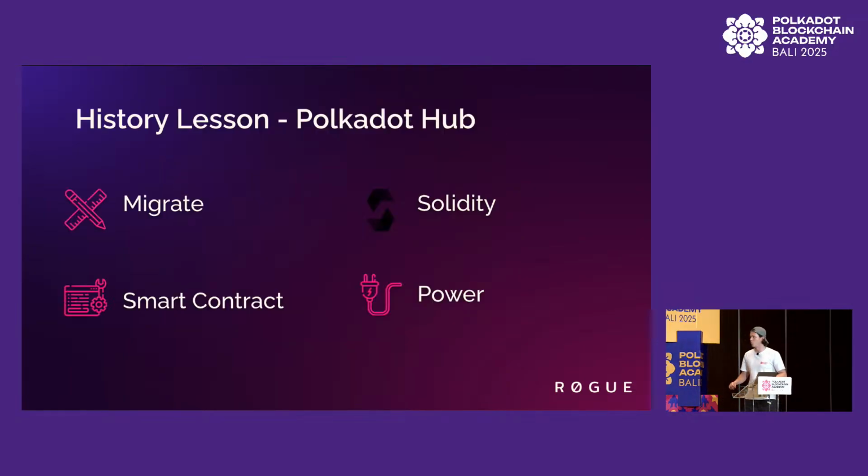So, change of strategy. One year ago, the Polkadot Hub idea came to life. We have all these Polkadot functionalities on Polkadot itself and the system chains, so let's migrate that to Asset Hub and put smart contract functionality on there.